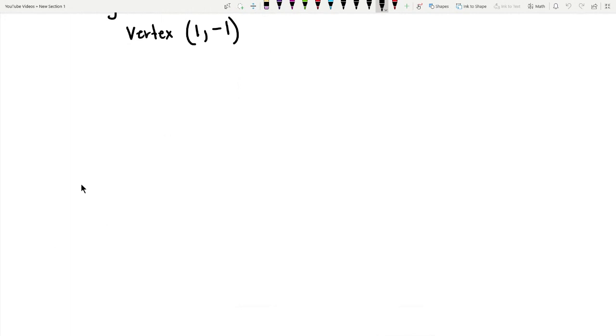Circles are nice. So let's say I have the equation of a circle, which is x squared plus y squared plus 4x minus 6y minus 3 equals 0. So this is the general conic section form, right?